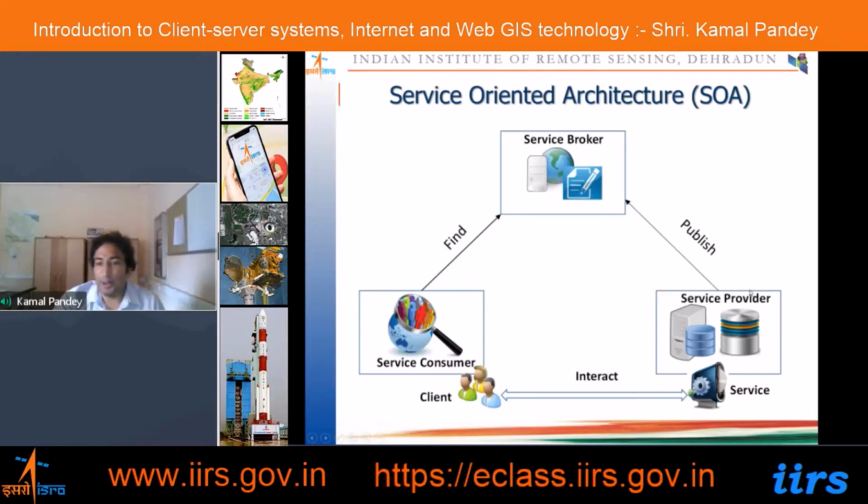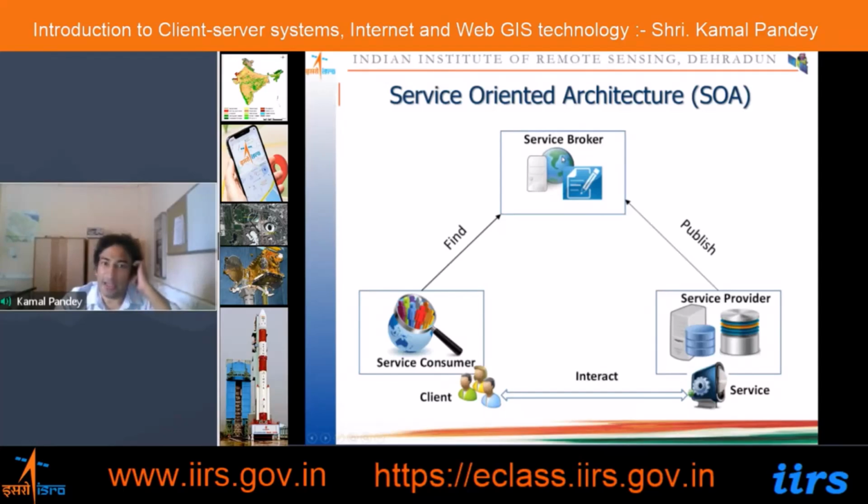The service provider produces the web services along with the metadata, the catalog services also. These are published somewhere in the service broker. Now the consumers search for it over the internet in some applications. Like in Google we saw, the service provider itself is working as a service broker. They are providing the data there itself.